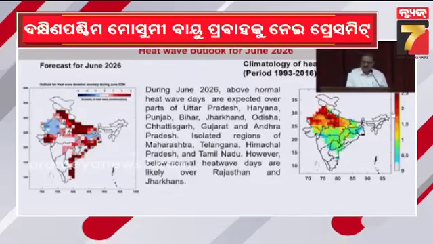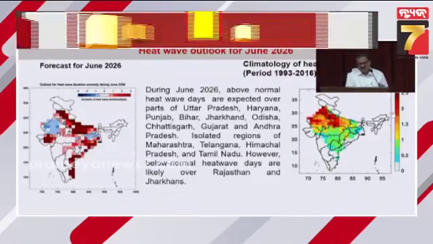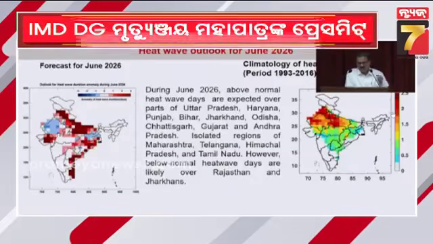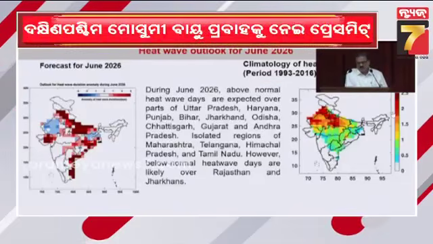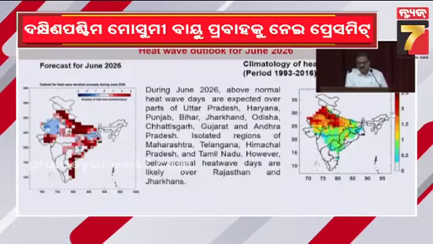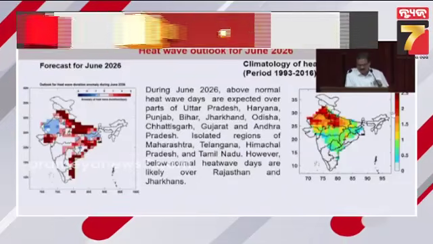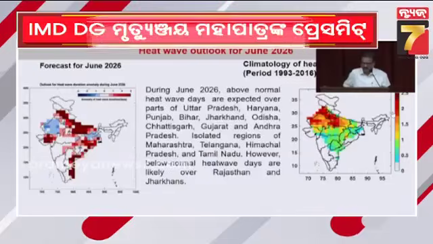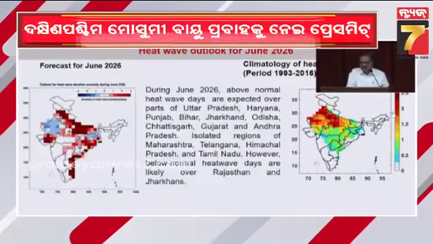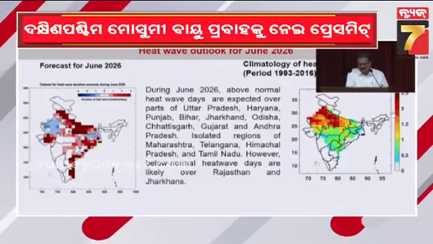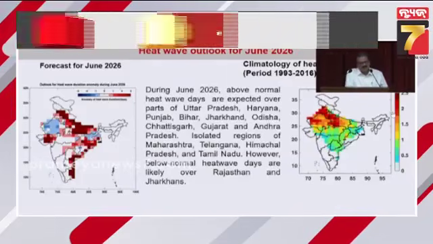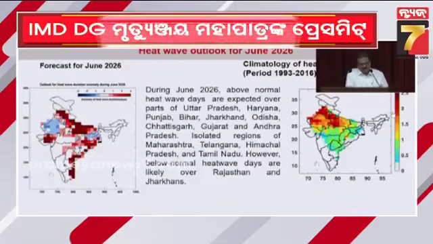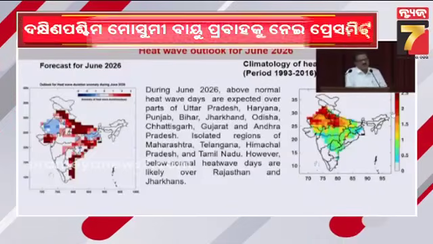And specifically, if I state the names of the states, above normal heat wave days are expected over parts of Uttar Pradesh, Haryana, Punjab, Bihar, not Jharkhand, sorry, Odisha, Chhattisgarh, Gujarat, and Andhra Pradesh, and isolated regions of Maharashtra, Telangana, Himachal Pradesh, and Tamil Nadu. Rajasthan and Jharkhand are expected to have less than normal number of heat wave days, as you can see in the blue color.